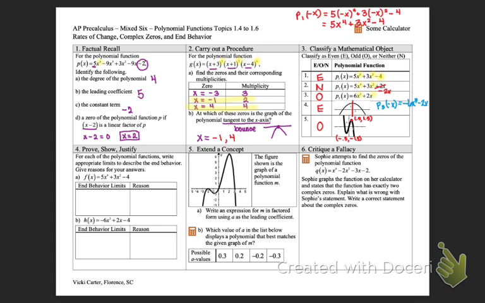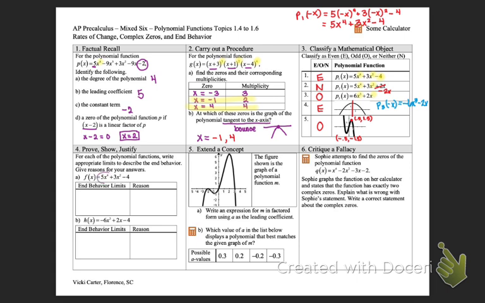All right, number 4, prove, show, or justify. For each of the polynomial functions, write appropriate limits to describe the end behavior and give a reason for your answer. Okay, I'm going to shrink this pen down and see if it fits a little bit better because I'm writing pretty small. Alrighty, so the first one, f of x equals 5x to the fourth plus 3x squared minus 4.